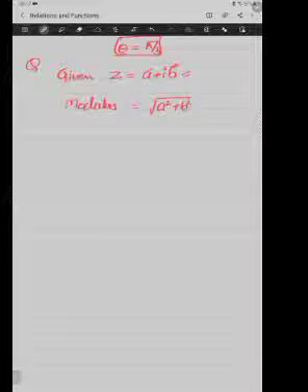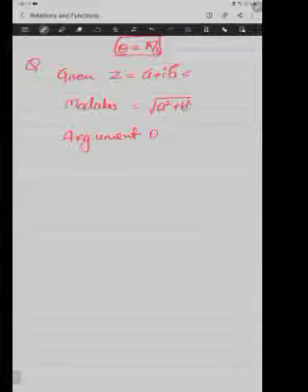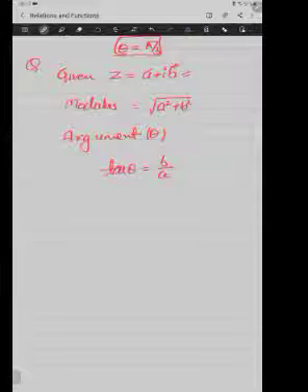Then we need to calculate the argument. We can say theta. So tan theta equals b upon a. After that, the next thing comes: modulus is also represented with the symbol r.